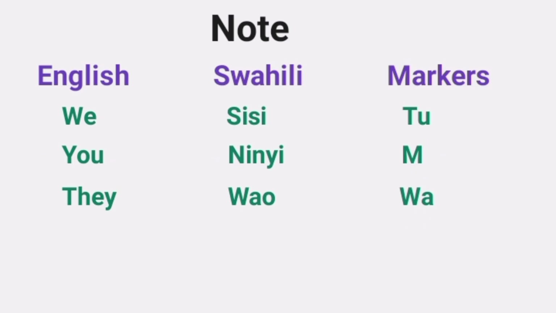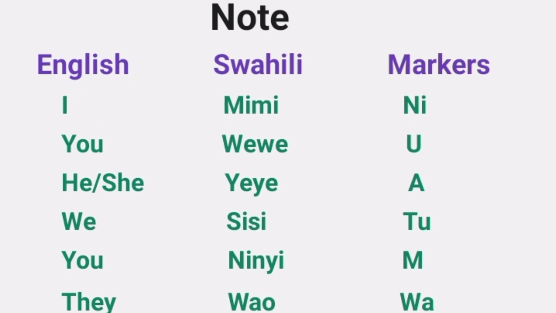This one is linked to sisi, which means we in Swahili. And so on, and the last one is wa. Wa is linked to wao, which means they in English. So each marker is linked to a specific personal pronoun.